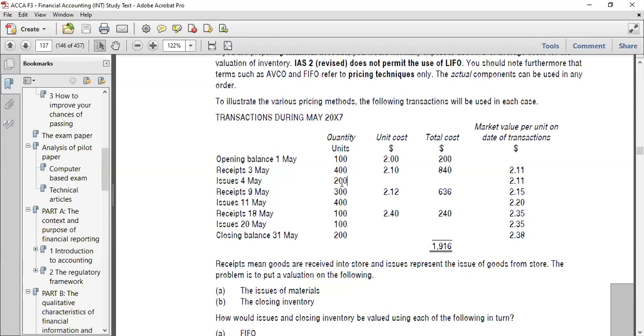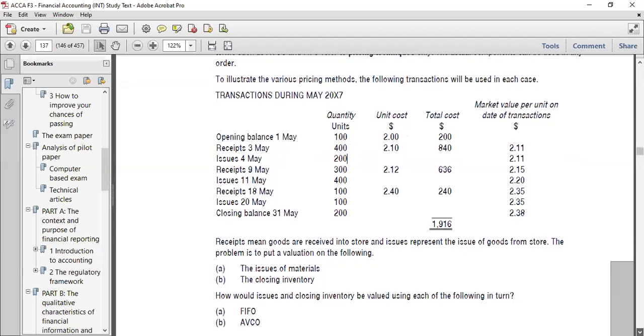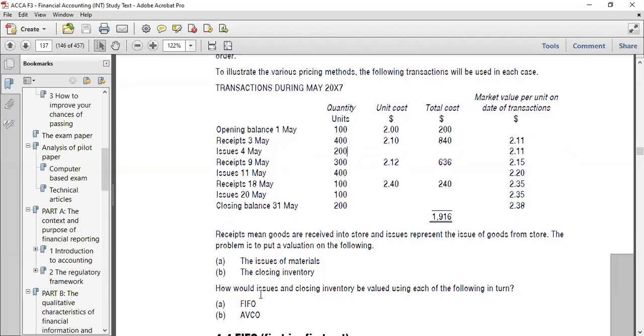This question goes ahead to ask us how issues and closing inventory would be valued using each of the following methods in turn. We even have another receipt that came in at 2.12, and when you get to the issue of 400, you have inventory of different categories: at 2, at 2.10, and at 2.12, and so on.